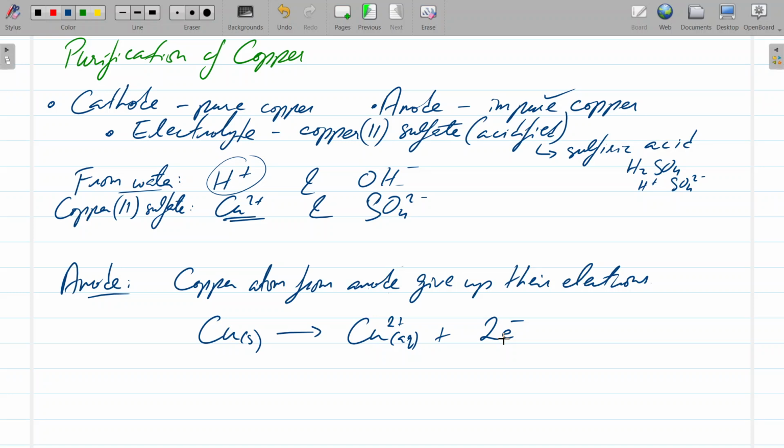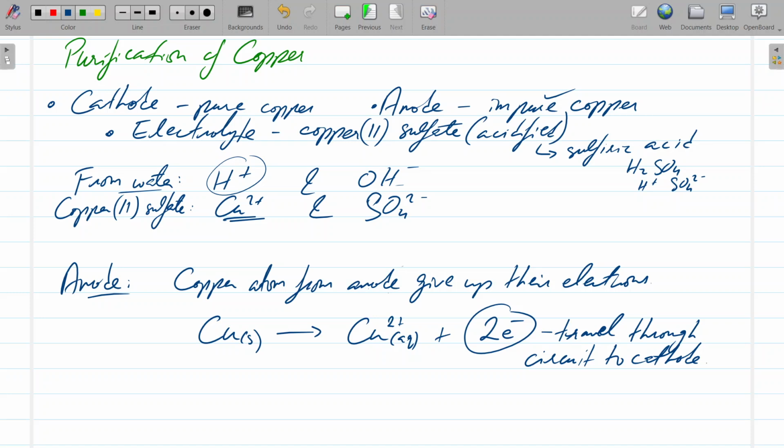And what happens to these electrons that the copper is giving up? They travel through the circuit to the cathode. The cathode is the negatively charged terminal where the positive ions are coming in.